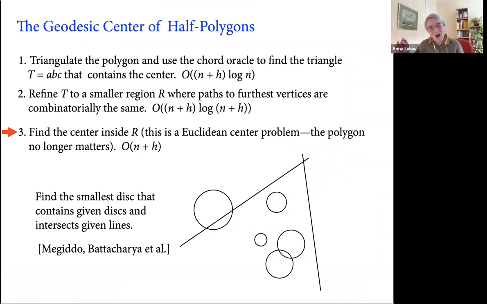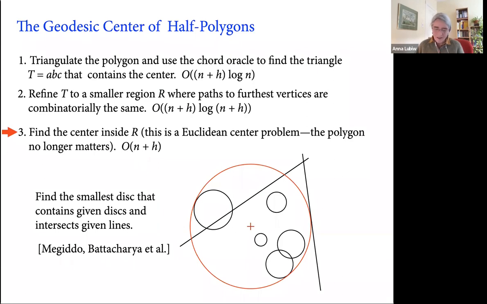These are representing the constants in my functions, certain disks and certain lines. And I would like to find the smallest disk that contains my input disks and touches or contains the lines. And that is a problem that, again, Megiddo, or extensions by Bhattacharya et al. to handle the case of lines, will solve in actually linear time for this very last step.